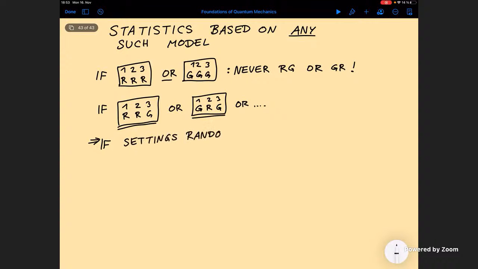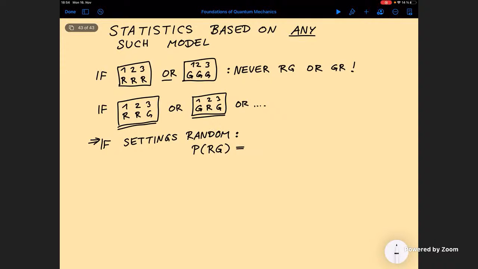So random settings again means 1, 1, and 1, 2, 2, 3, and all these 9 combinations are equally likely. Okay. So what's the probability then to get RG, let's say?